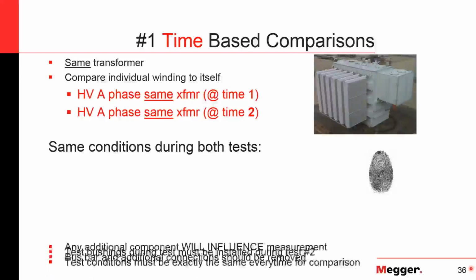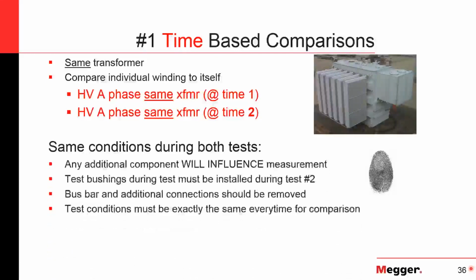And just so you know, any additional component will influence the measurement. So if I had the tap changer on raise 16 at one point, and I'm measuring again on raise 1, it's going to be different. If I change the oil, if I have different bushings on, this is all going to change the result. So really on a time-based comparison, you want to make sure everything's the same.